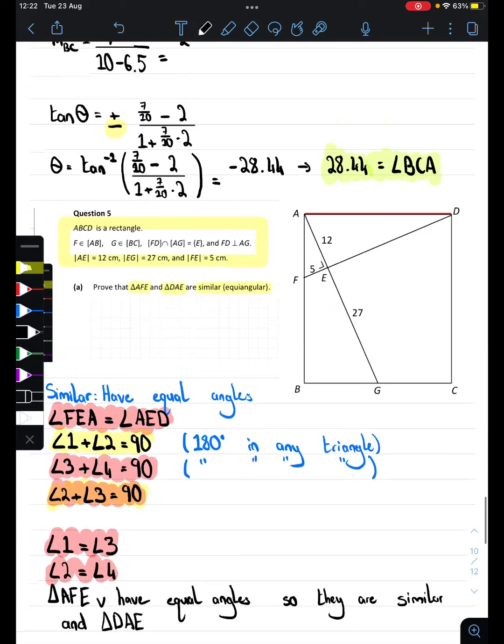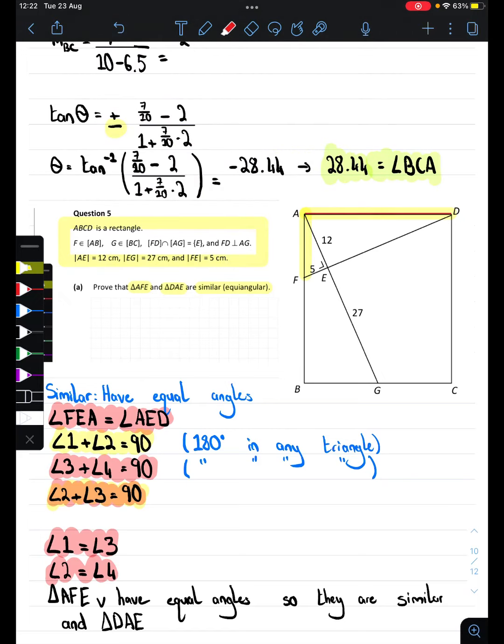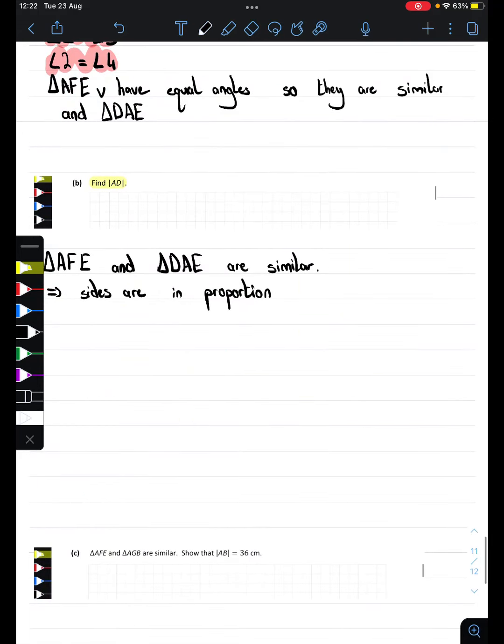So AD over AF, the sides opposite the right angles, is equal to FE over AE, the shortest sides of each triangle. So let's write that down.